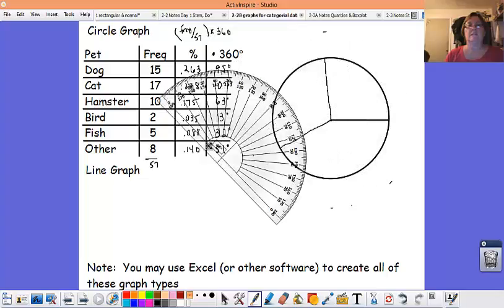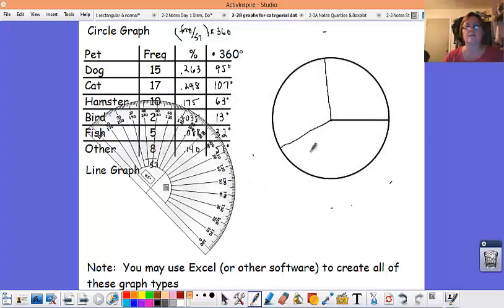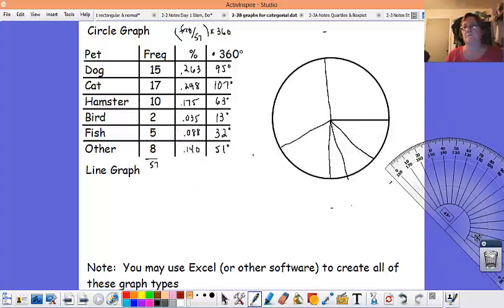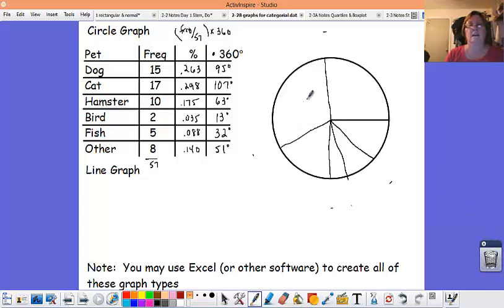Okay, let me finish putting my lines in there. We were here, we were here, we were here. And the way that we are going to label this is totally up to you. What I would not want to see, however, the one thing I would not do is put the number of degrees in here.